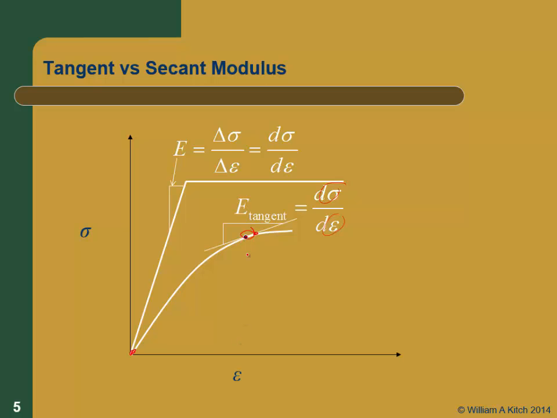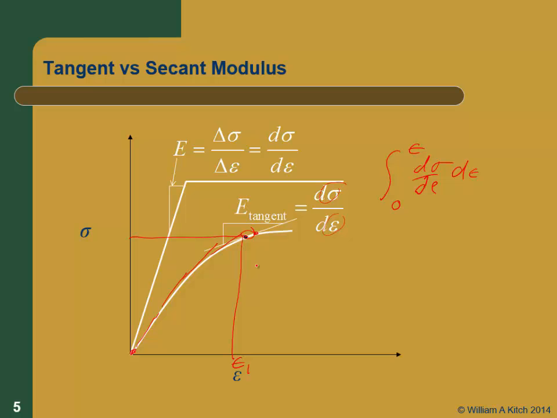If I wanted to know the change in stress over this change in strain, I've got to integrate from 0 to epsilon 1 of d sigma d epsilon times d epsilon, as the slope changes all the way along. Well, that's an integral, and we're engineers, so we don't like doing that.